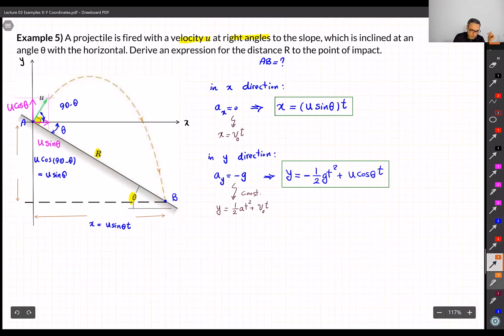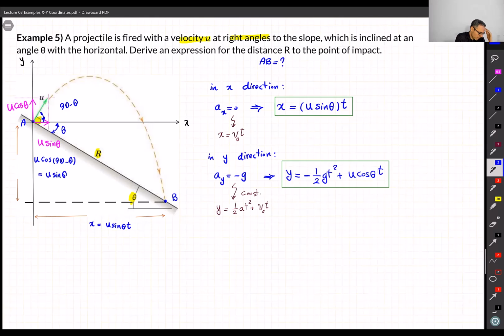We figure out that this distance y is equal, I'm going to write it down here, half of g t squared plus u cosine theta t. So any idea how we can continue solving this problem?